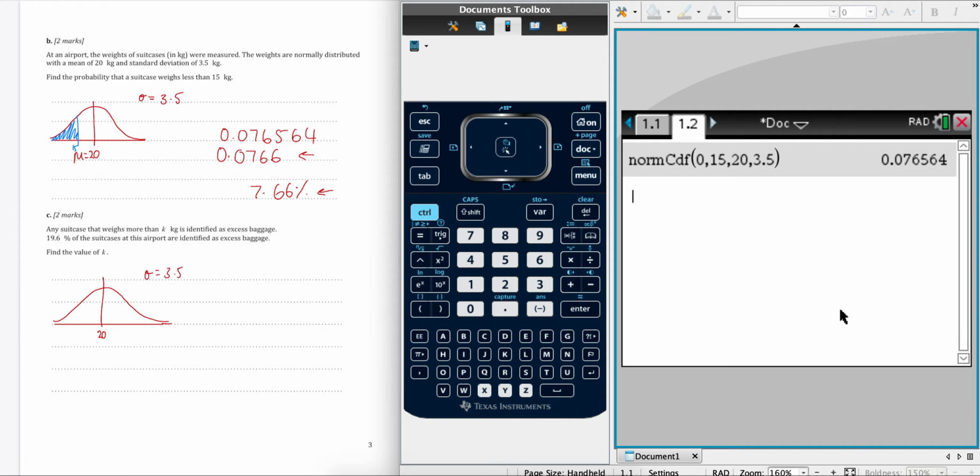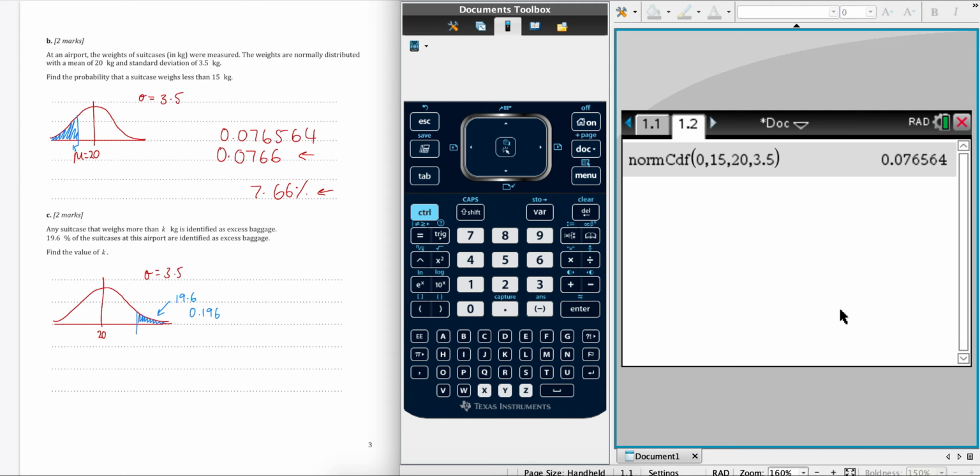And it says that any suitcase that weighs more than K is considered excess baggage, and 19.6% are considered excess baggage. So that means the area is somewhere up here, and the actual area is 19.6%, or 0.196 as a decimal.